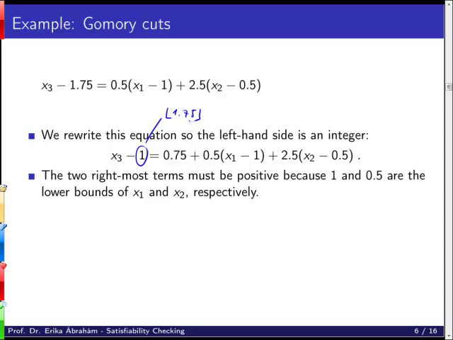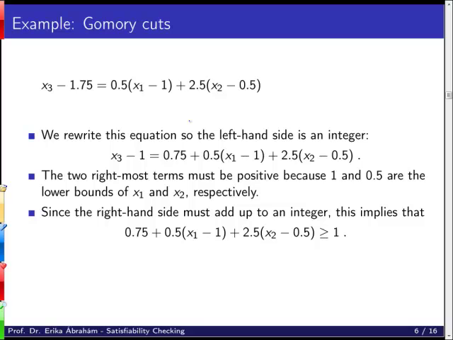So I know that also the right-hand side will be positive, and actually larger than 0. So I know that this right-hand side will be in this case larger than 0. And since it should additionally be an integer, I know that this is larger or equal 1.